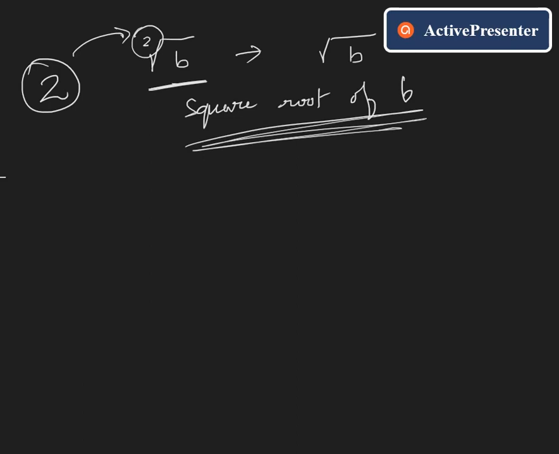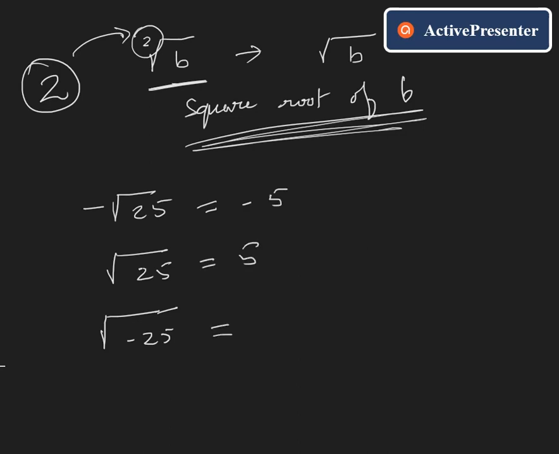Now you have to distinguish between minus square root of 25, square root of 25, and square root of minus 25. Okay, this is equal to minus 5, this is equal to 5, this is equal to nothing.